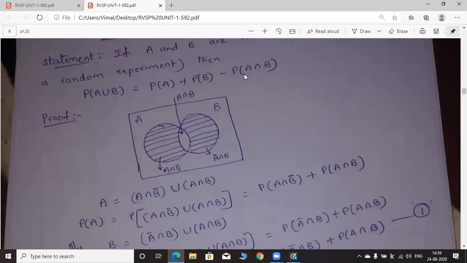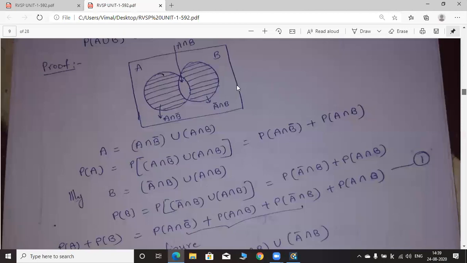Okay, let us prove. I was just explaining the statement. We can prove this one. Proof is also given here. In the first circle, the shaded area can be written as A intersection B bar.